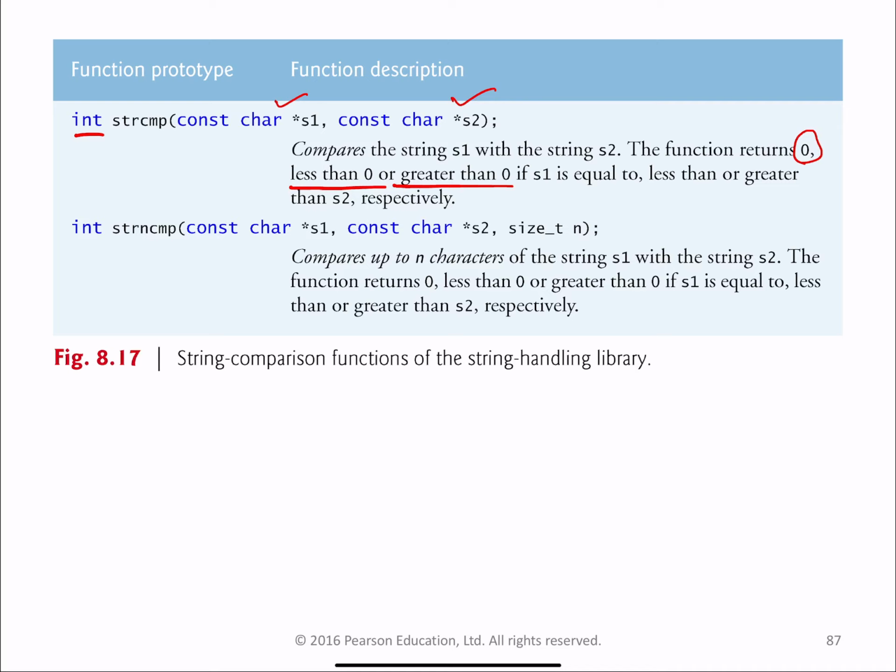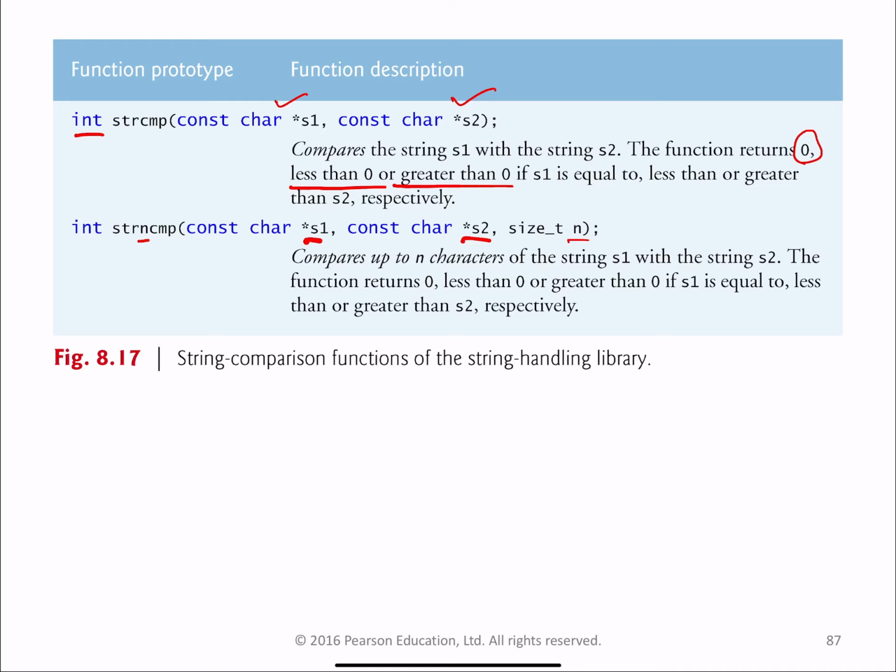And just like I mentioned, the strncmp function is an analog to the variants of previous functions of the string header library, in which we limit the comparison to up to the first n characters. So strncmp takes three arguments, string s1, string s2, and an integer of type size_t that is denoted by n in the prototype.